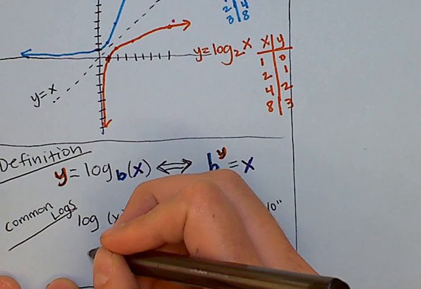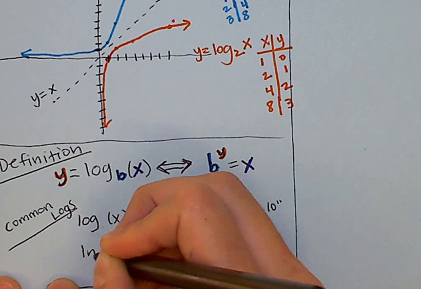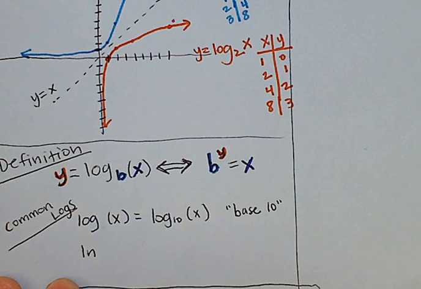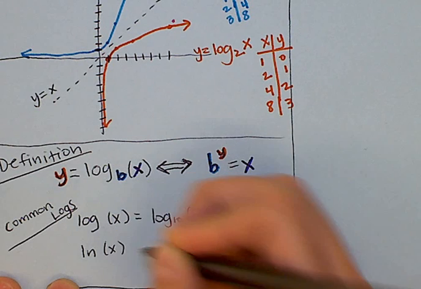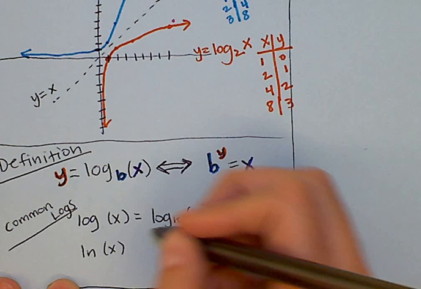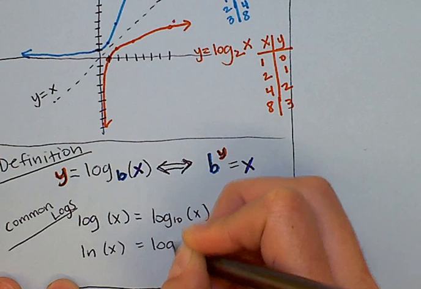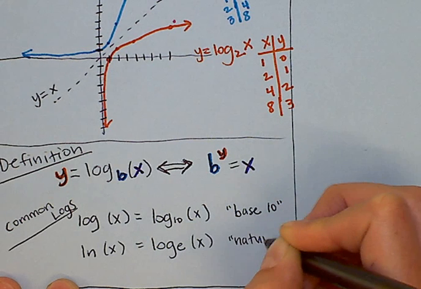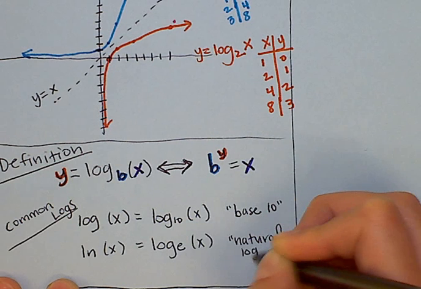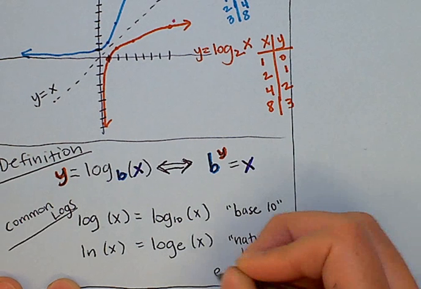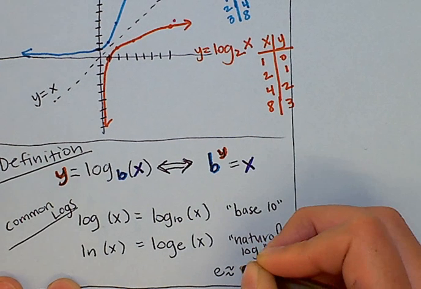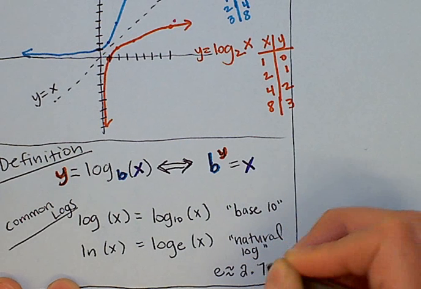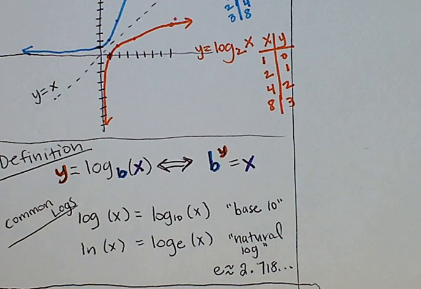And we have what's called the natural log. The natural log means that we have a log with base e. And e is just a number similar to pi. It's just kind of a number that goes on and on and on. So we just call it e.